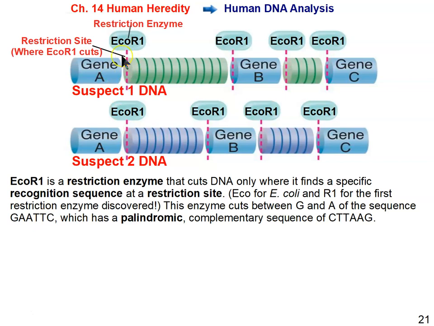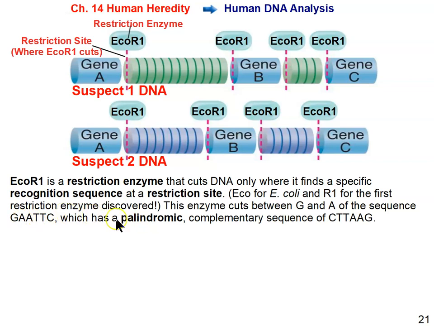In other words, this restriction site right here, that's where the enzyme found the sequence GAATTC, and it then cut between the G and the A of that sequence. And that's the only place it will cut. These enzymes are very specific to the recognition sequence that they will cut, and then between the two nucleotides that they cut.